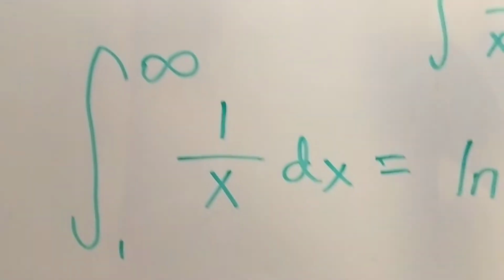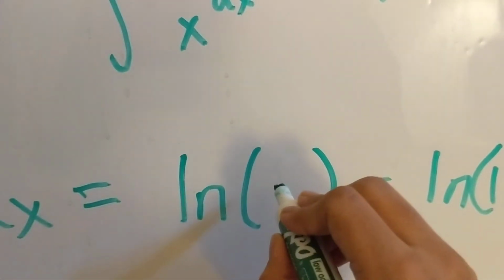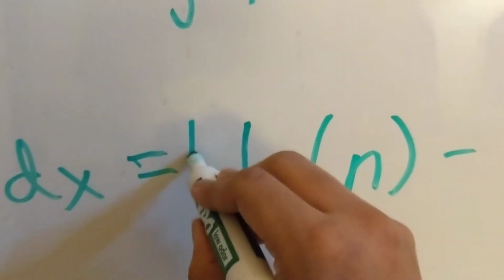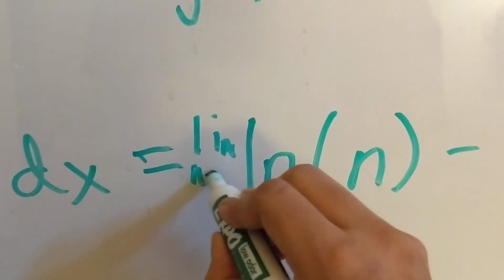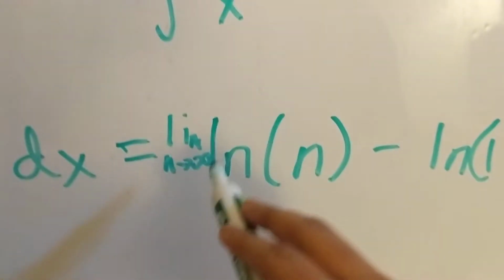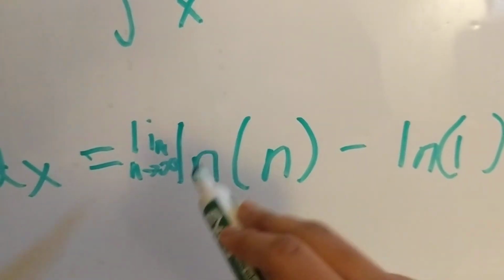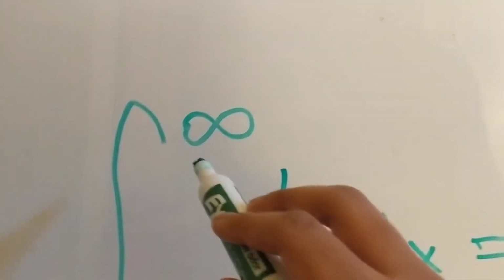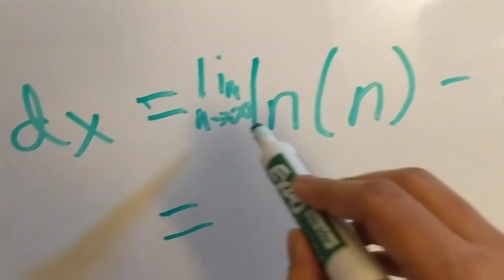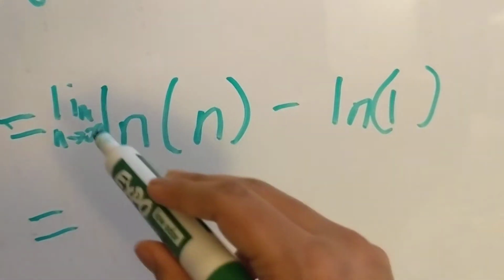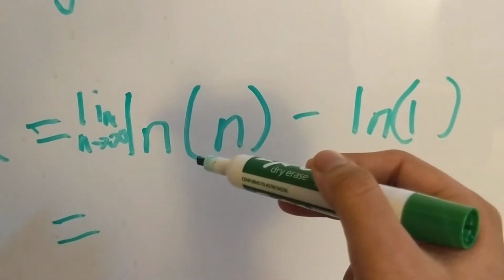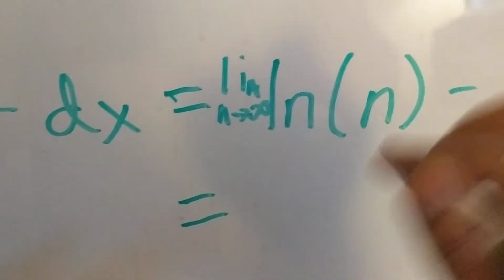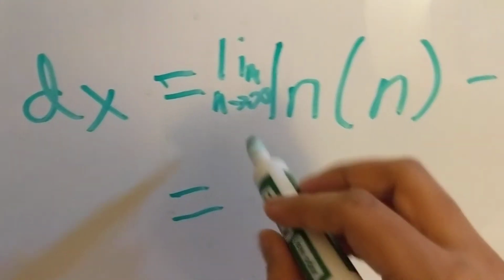For an improper integral, you take n here, and you take this to the limit as n approaches infinity. You get the same thing, because you have the natural log of n as n approaches infinity. If you want more clarification on why I did this step, watch my improper integrals video.